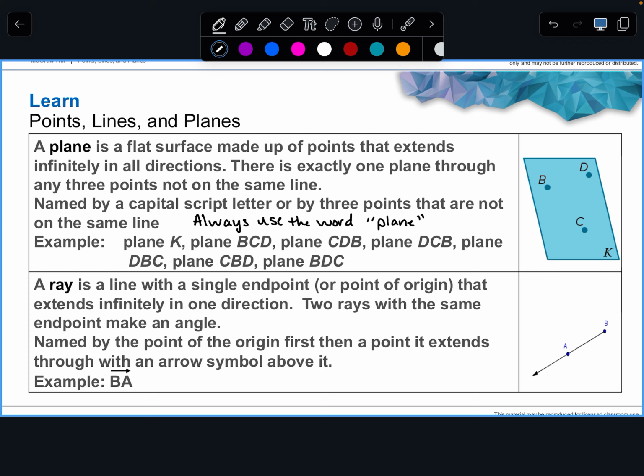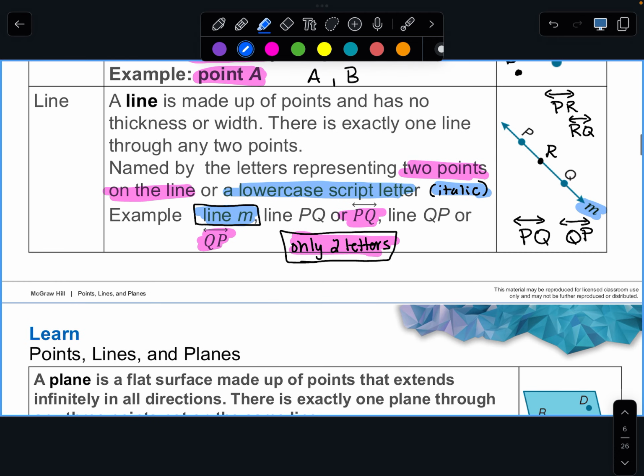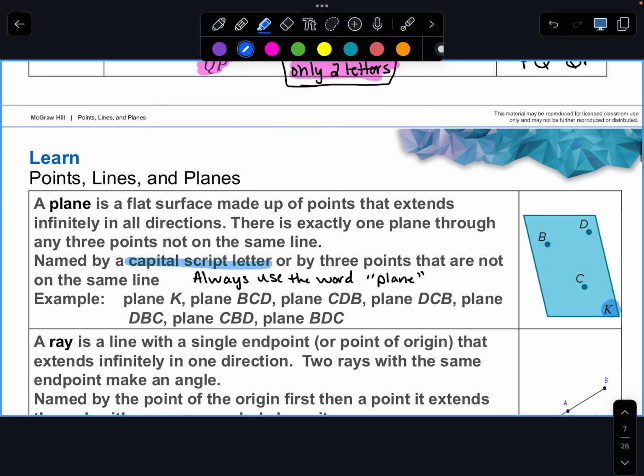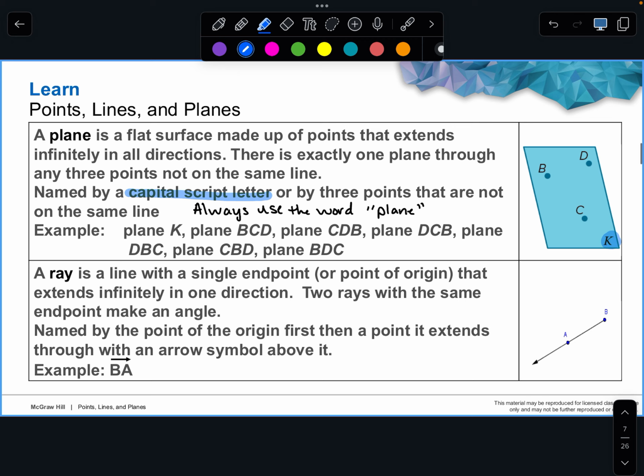You can use a capital script letter. Here, I'll show you. Here it is, that we use to name the plane. Remember, it was lowercase script letter for lines. It's capital for plane. Okay? Or 3 points. Those are your options.